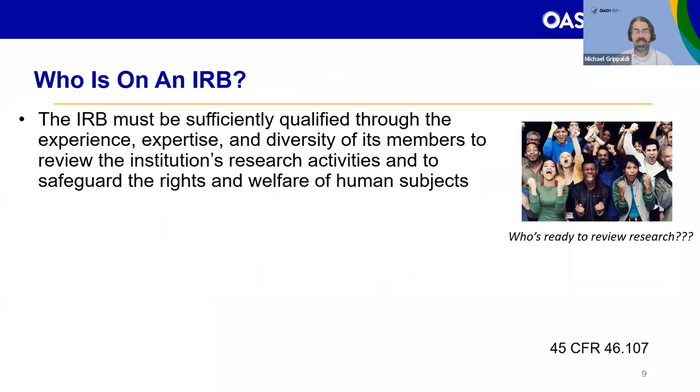On to the who. So the regulations stipulate that the members should be thoughtfully considered with a particular emphasis on their experiences and perspectives. Having a diverse composition of the IRB ensures that participants are adequately protected. To do so, this requires that many different characteristics are looked at. Certainly, the IRB as a whole must be able to review proposed research in terms of institutional commitments and the regulations.